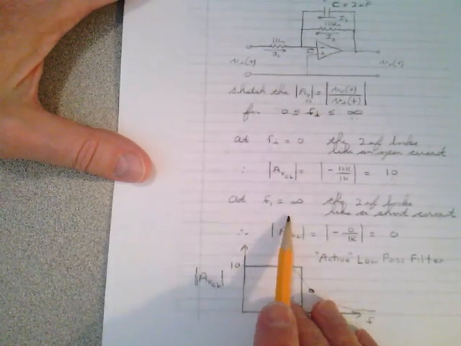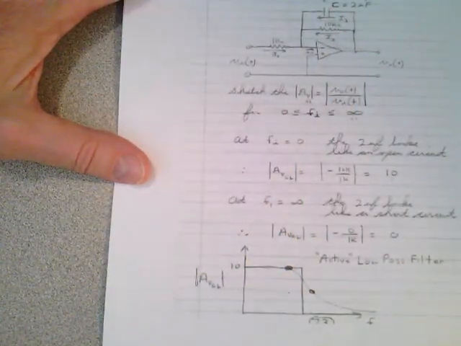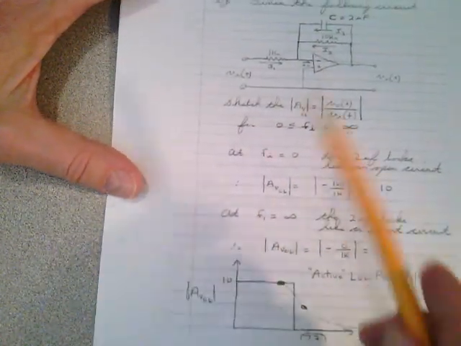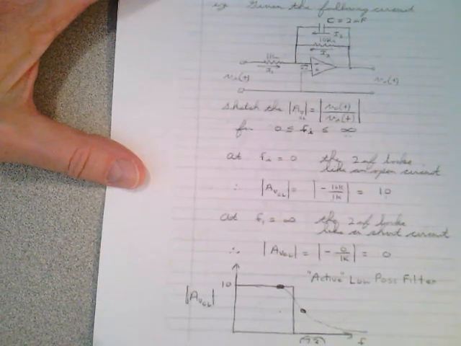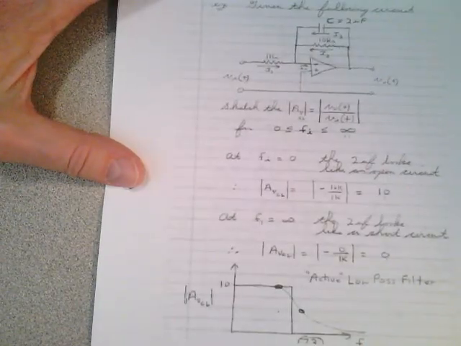And what about frequencies approaching infinity? Well, that looks like a short. So if that capacitor looks like a short, it shorts out the 10K, and in the numerator here you get 0 over 1K. The absolute value of that is 0. It kills the frequency.